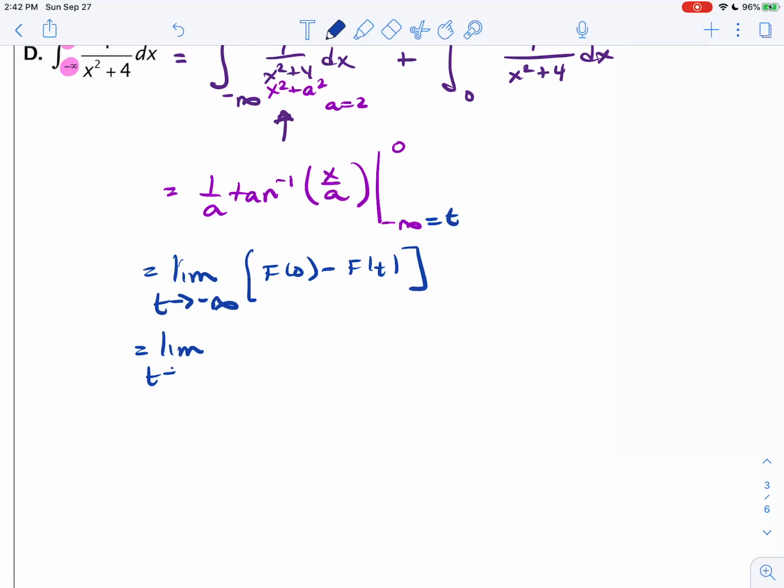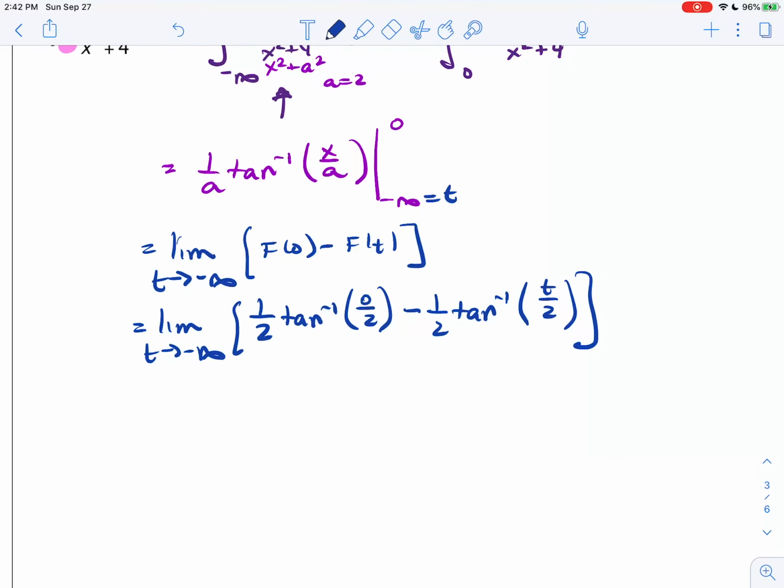And so we end up with the limit as t goes to minus infinity of, and our 1 over a here is going to be 2. So this is going to be 1 over 2 inverse tangent of 0 over 2, take away 1 over 2 inverse tangent of t over 2.